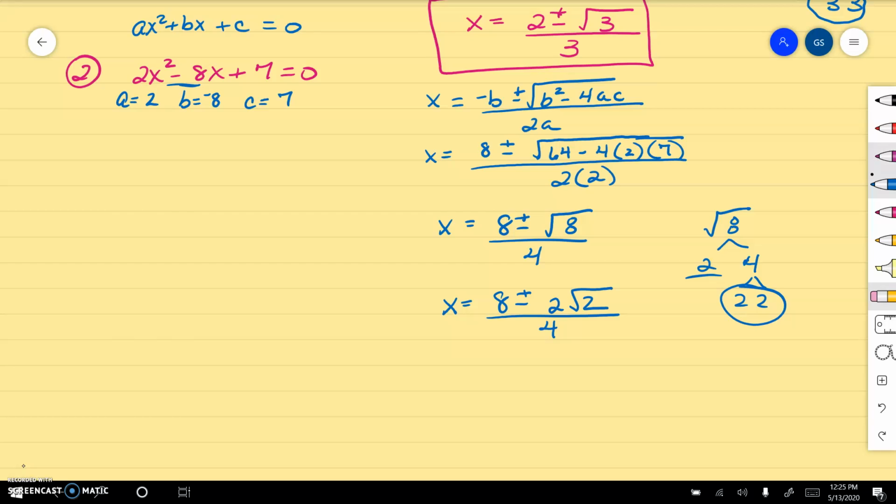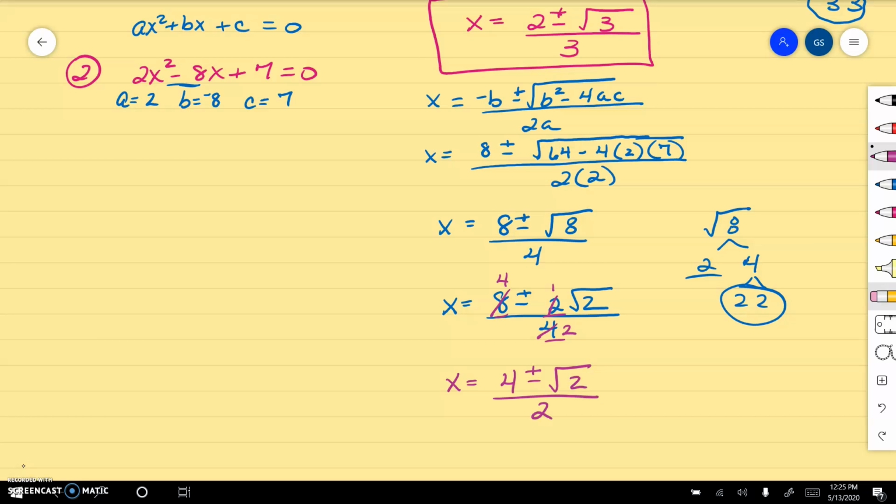Now look at these three numbers and decide, can I reduce each of them? 2 goes into 8, 2 goes into 4, so we're going to divide by 2 everywhere. We get a 4 here, a 1 here, and a 2 there. So x equals, this is our final answer, 4 plus or minus radical 2 all over 2.